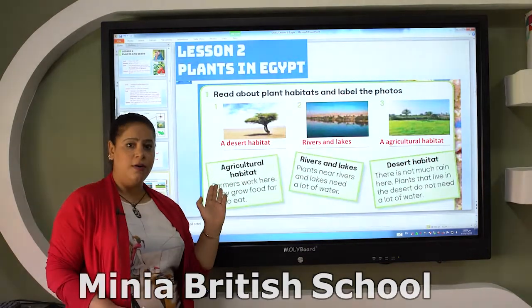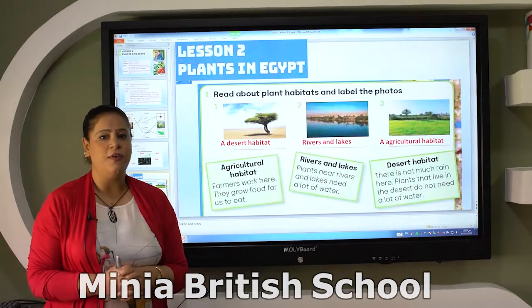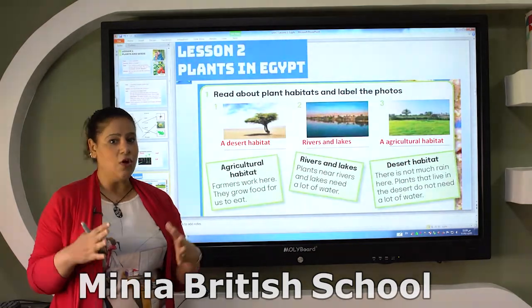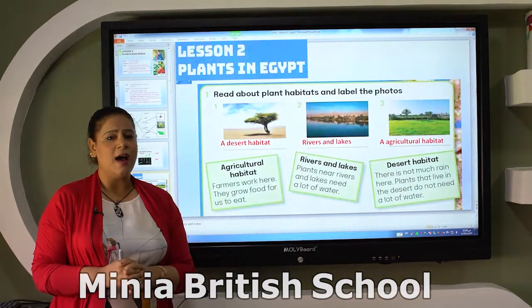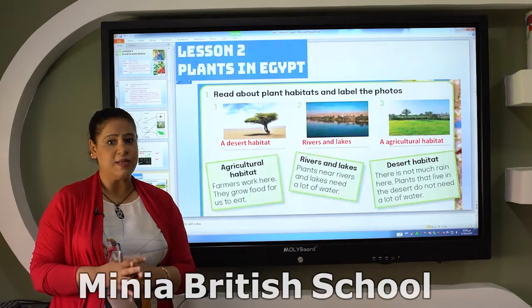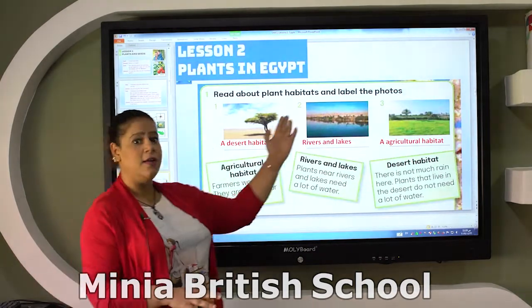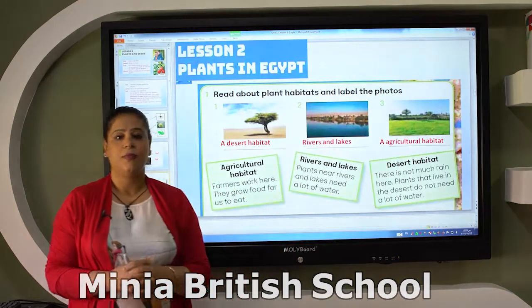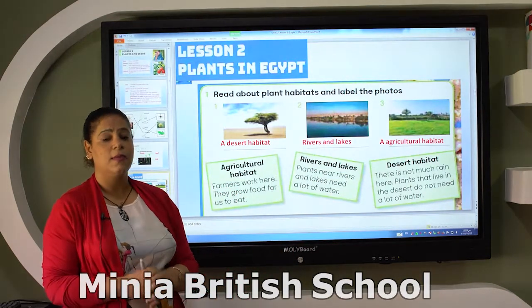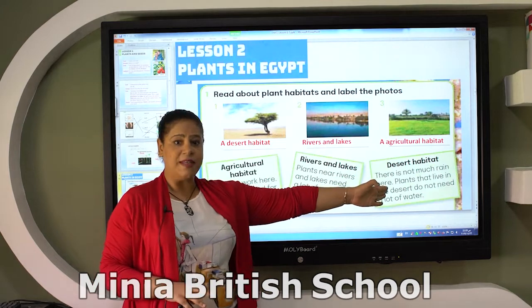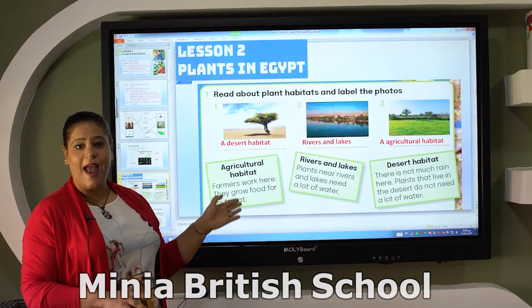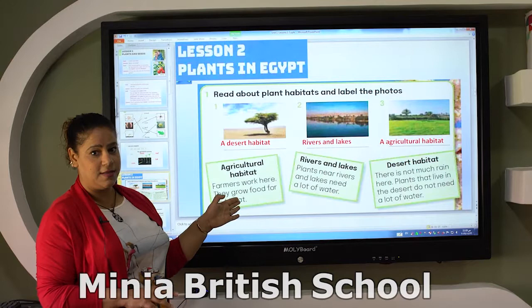Wow, here we come to a very important topic. I mean, different kinds of habitats related to plants. Actually, we have 3 habitats: river and lakes, desert habitat, and finally agriculture habitat.